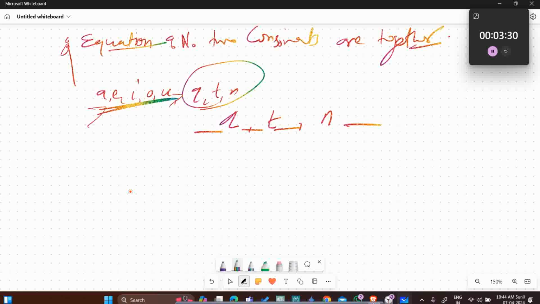4 are there, 5 are there. So we have to put them in how many places?